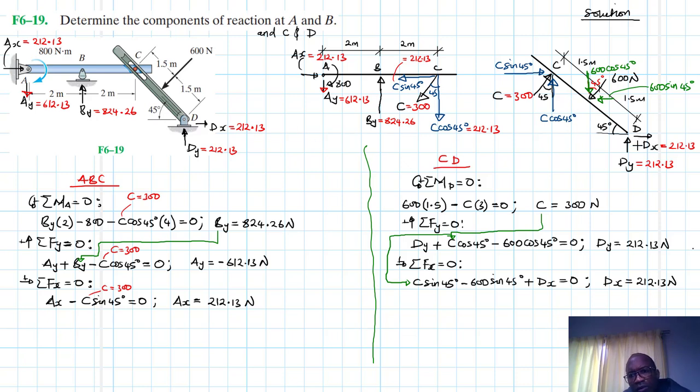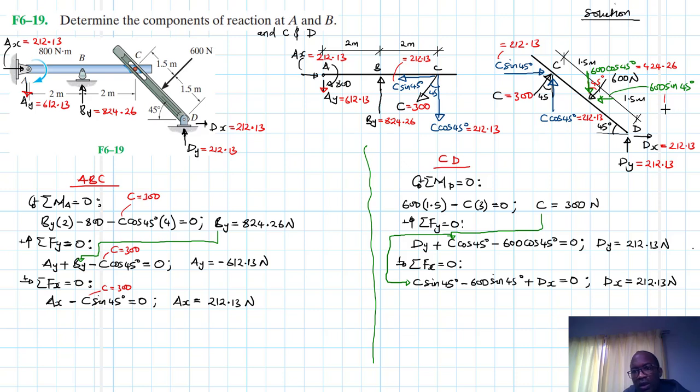And then let's go to this other member here. We know this one is equal to 212.13, and so is this one, 212.13. So in the y we have these two, and then this one here is equal to 600 sine 45, which gives us 424.26.